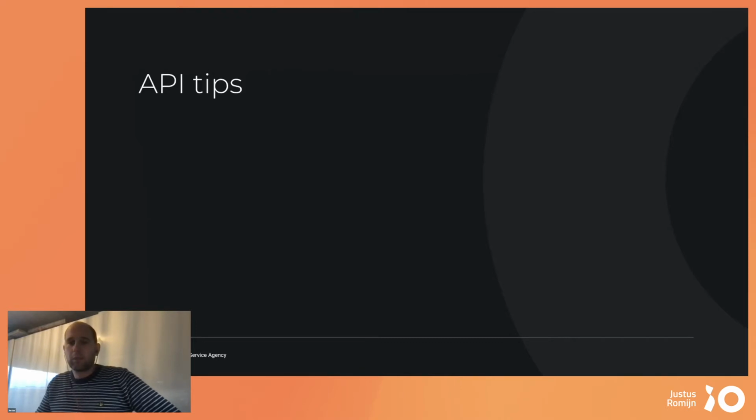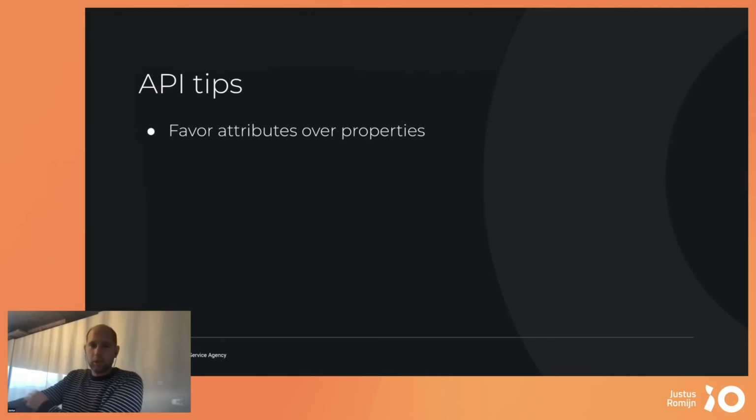And with that in mind, there are a couple of tips that I can give you from the get-go. So one is that when possible, you favor attributes over properties. And this is because attributes, for example, when you have a reset behavior on form fields, the value attribute that originally is set, for example, by a feature team to a certain preset value is there.